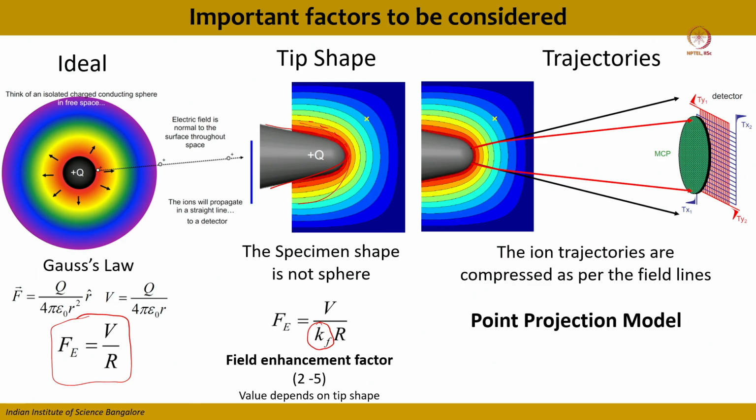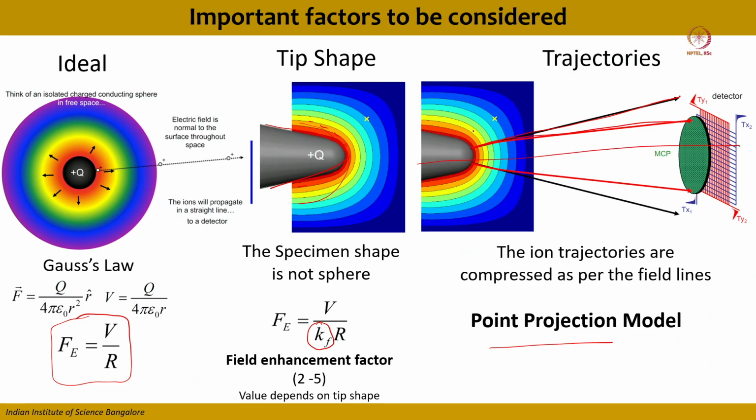Due to this shape, the field lines go perpendicular to the surface exactly at the local level, but they get compressed towards the axis.